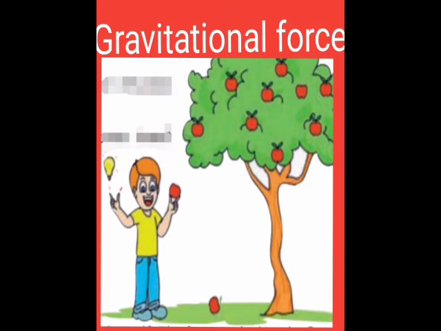Or when you jump, why do we come down? Why don't we fly? Or why do fruits fall down from the tree? Why does this happen? The earth pulls all the objects towards itself. The force applied by the earth to pull objects towards itself is called gravitational force.